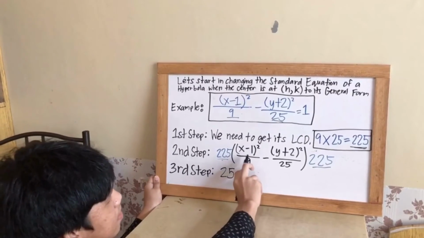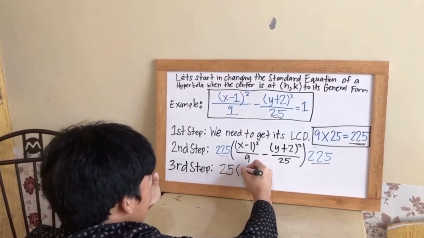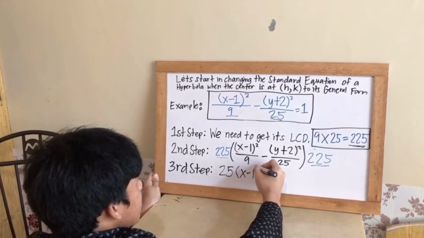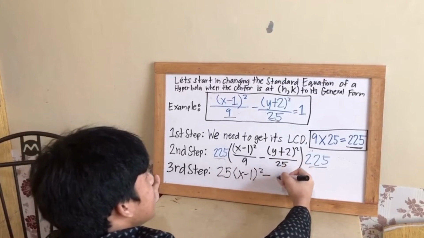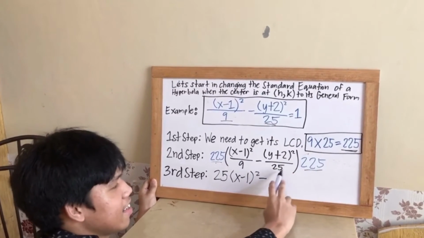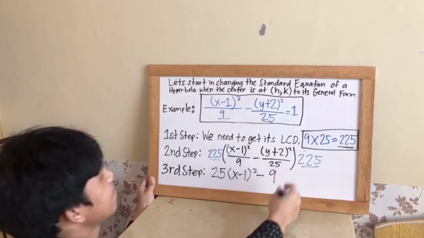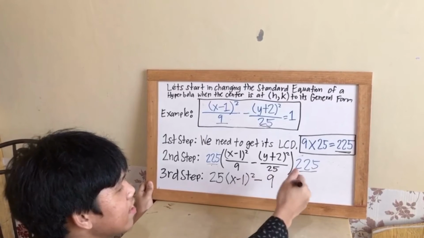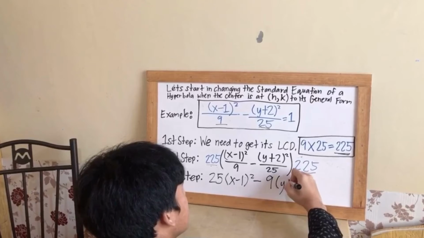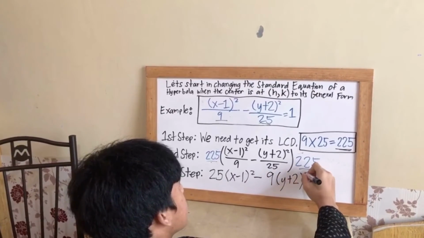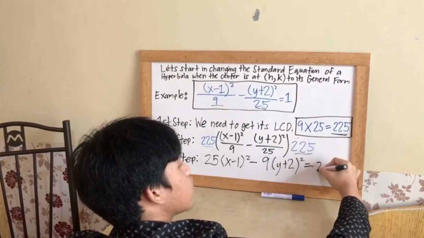Copy the numerator, (x minus 1) squared, and minus, divide again by the denominator, which is 9, and copy the numerator again, (y plus 2) squared equals 225.